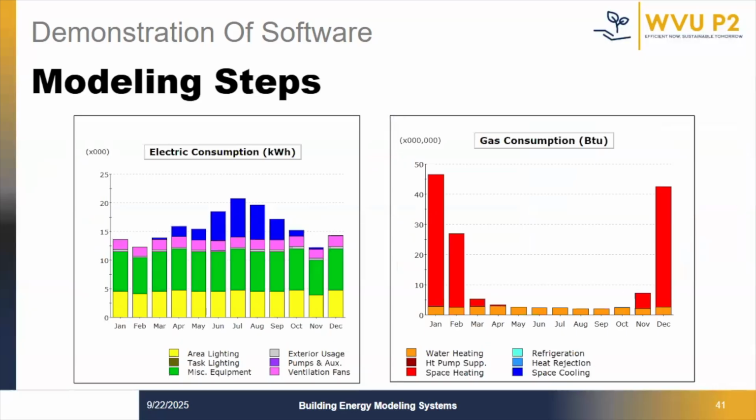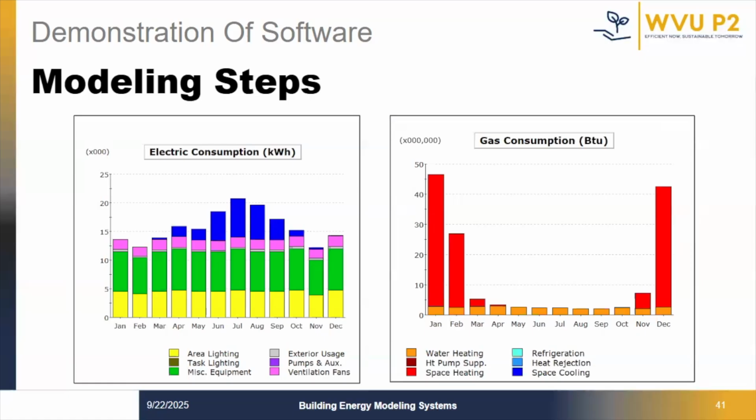Now, moving towards the results, this slide represents our monthly energy consumption breakdown, revealing critical patterns in both electricity and gas use. The electric load shows a significant seasonal variation, peaking in summer for cooling from July to August, with secondary winter peaks from lighting and equipment.